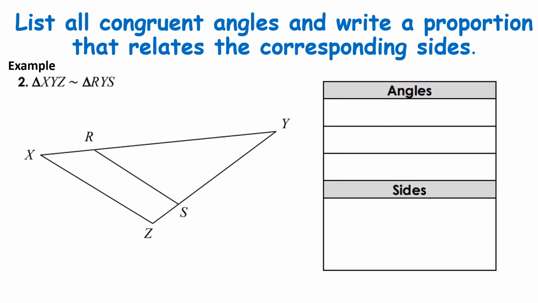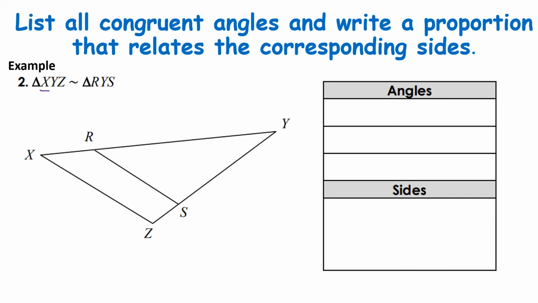All right, for example 2, we have a smaller triangle within a larger triangle. But again, if you just look at the similarity statement, you can write your congruent angles and your proportional sides.